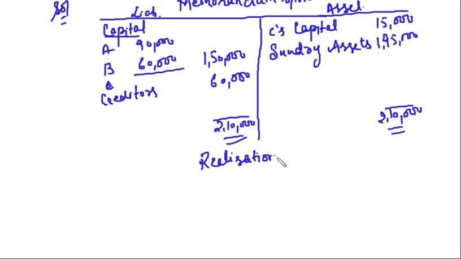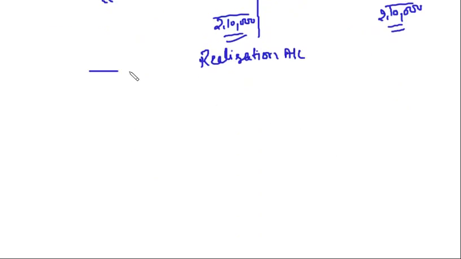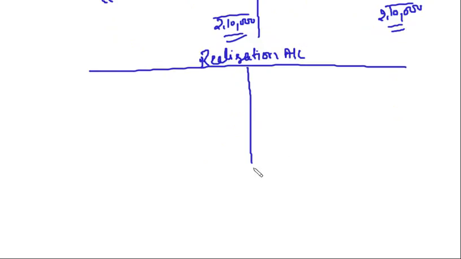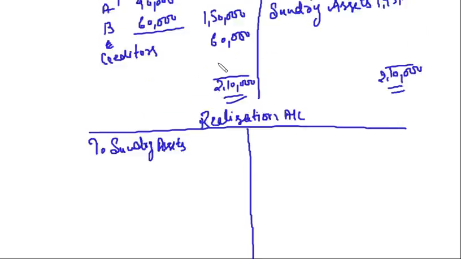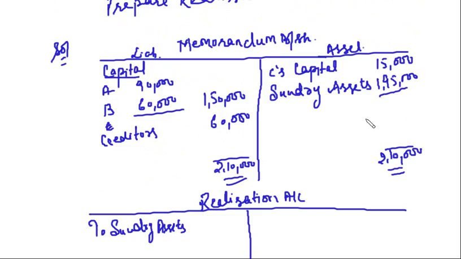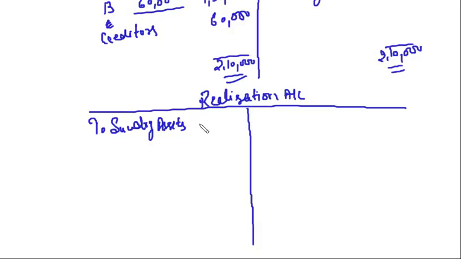Now you can prepare realization account. How you will prepare the realization account? First step, you will transfer all the assets to sundry assets. What are the assets in the balance sheet now? We have just calculated this amount of 1,95,000.